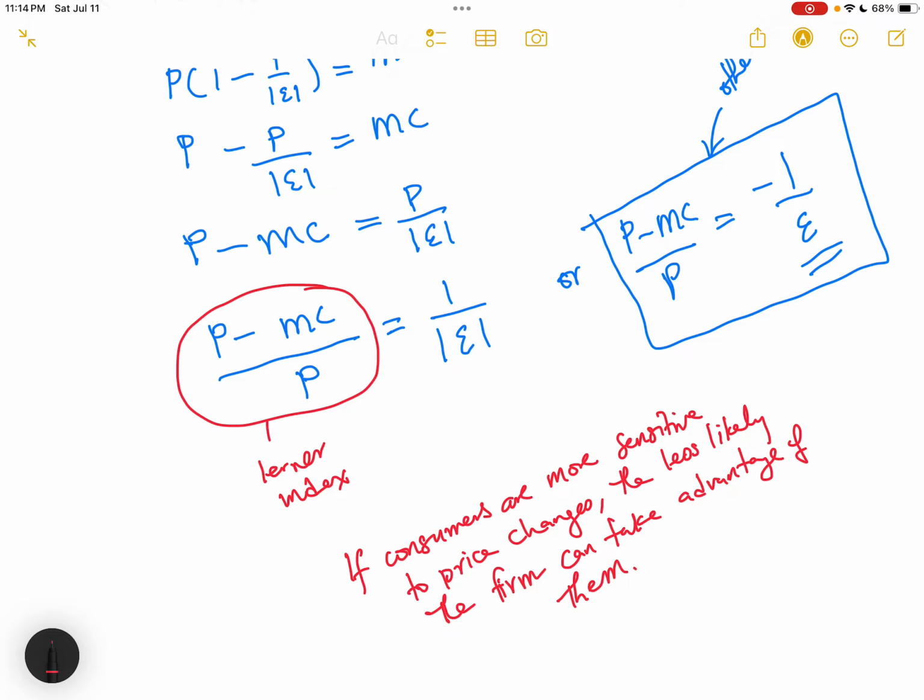However, for a firm like the monopoly that jacks their prices up above marginal cost, their Lerner index will be large. And so the monopoly enjoys bigger market power or has influence in setting prices in that market.